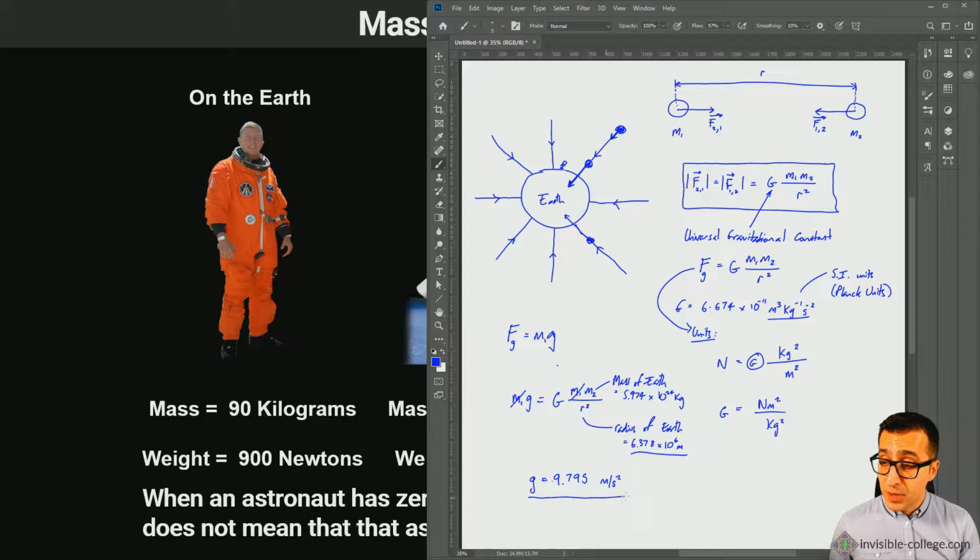But for most practical purposes, the value that is normally given, 9.8, is actually a very close approximation. And so this is why we use the value 9.8.